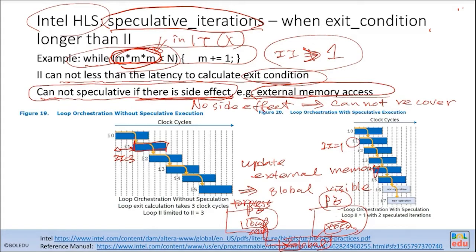This is very complicated and almost impossible to do. So when you speculate, you don't want to write to the external memory until it's proven correct. The technique is, instead of writing the result to external memory, you write to an internal buffer until the speculation is proven correct.